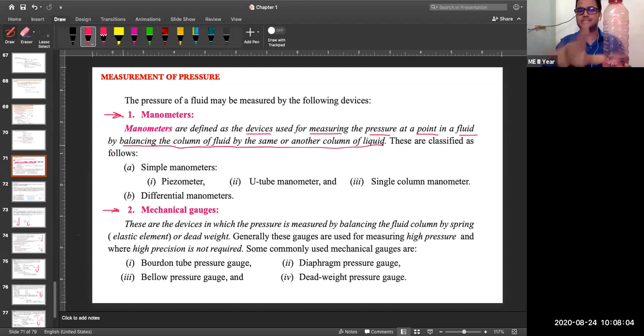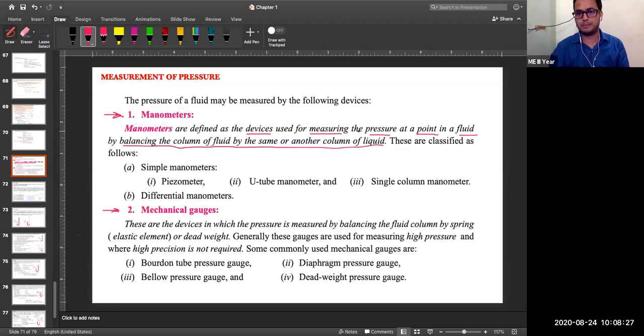So this is the definition and this is the basic principle we are going to utilize for manometers. Manometers are defined as the devices used for measuring the pressure at a point in a fluid. In that water bottle we are making a hole, so at that point we are measuring the pressure.